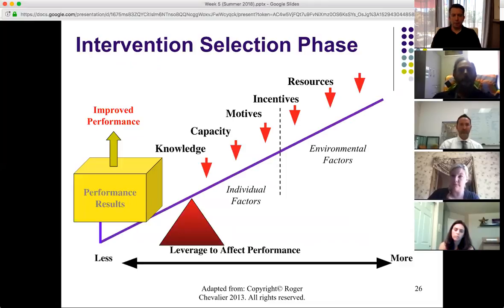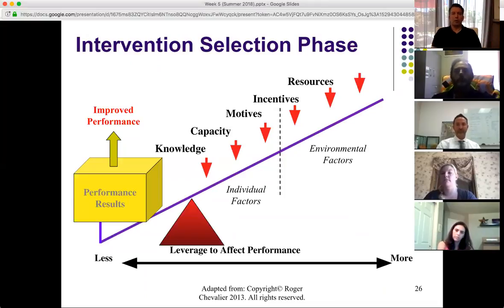This is just something that Roger came up with and had in one of his sources. I think the interesting thing about this diagram is that you'll see that the environmental factors are further out on the lever, so they're going to have a greater influence on performance results, right? And that's based on the 85-15, the 6 boxes and the breakdown of individual versus environmental factors.